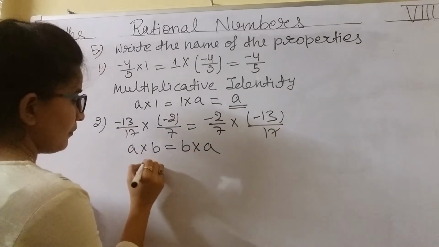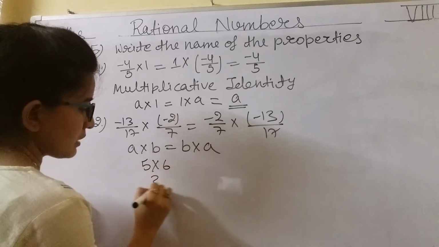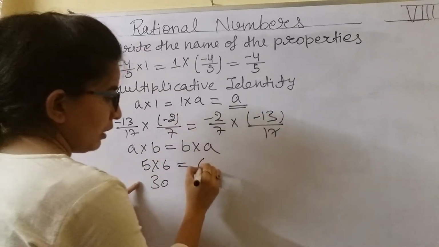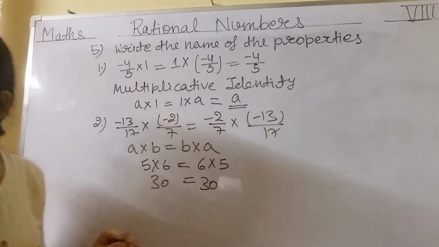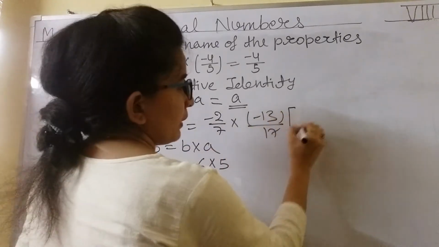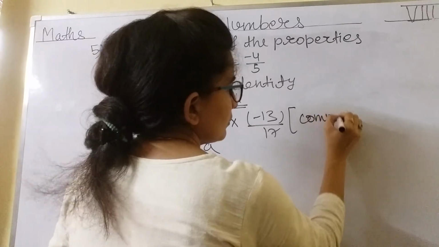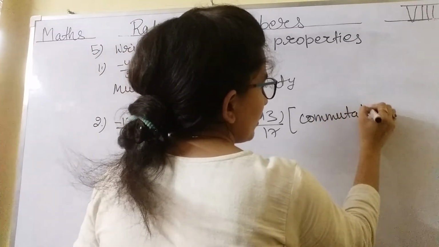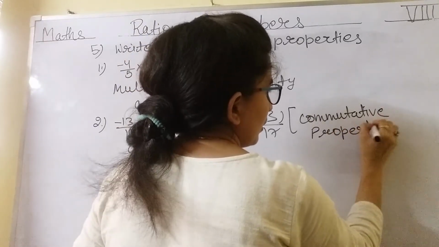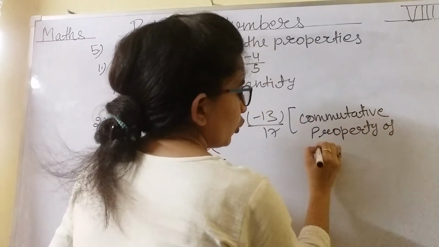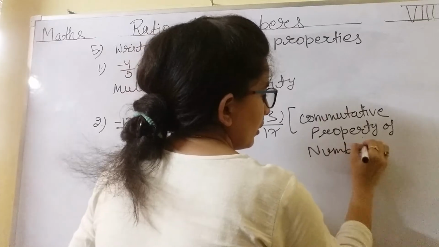Like if I say 5 into 6 is 30, that will be the same in the case of 6 into 5, that is 30. So that is the commutative property of numbers.